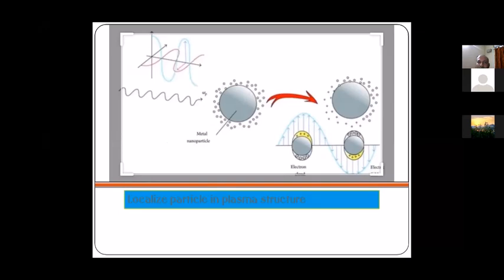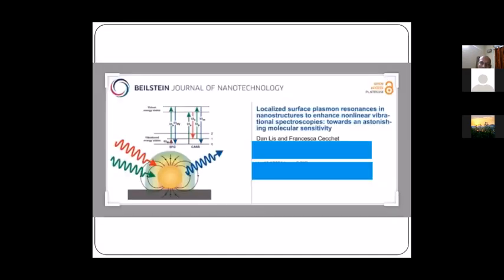This diagram shows a localized particle in the nanomaterial. In nanotechnology, localized surface plasmon resonance in a nanostructure is used to enhance nonlinear vibrational spectroscopy towards single molecular sensitivity.